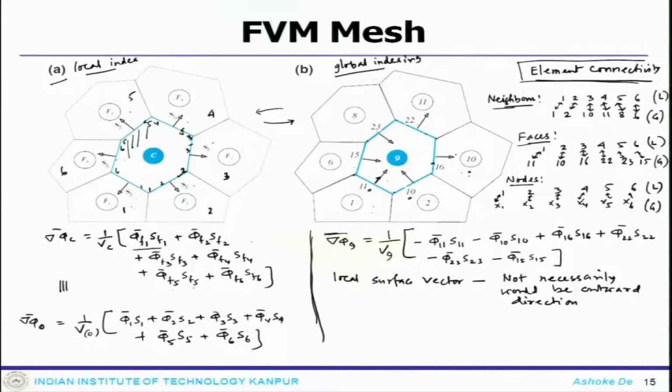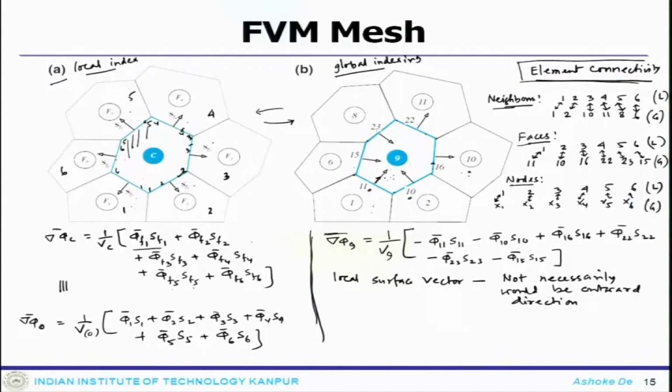So, this gives you a clear idea, or reversely you can think about this element number 1, which is here connected through the face 11 with 9, and the local surface vector actually going inward for this face for element number 9, but at the same time when you do the calculation for element number 1, the surface vector would be going outward.